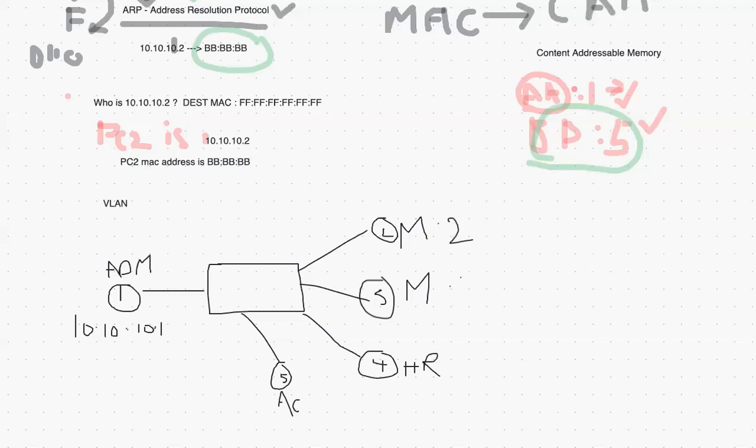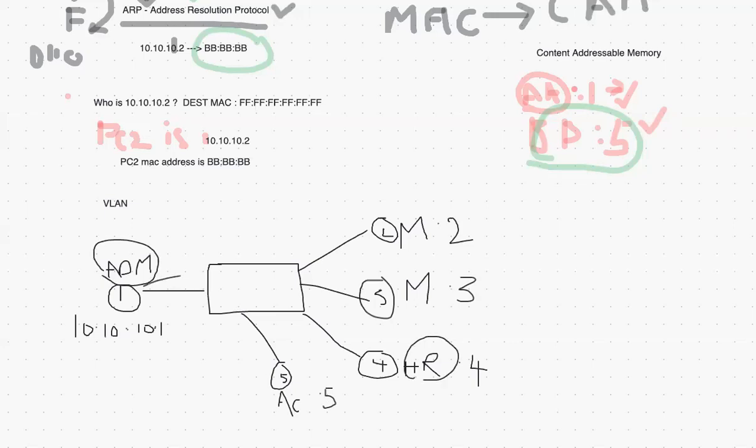This is 10.10.10.3. Maybe this is 4. This is 5. Right? For namesake, let's talk about those IPs. So the admin wants to talk to HR. Initially, the admin does not know the IP of the HR.